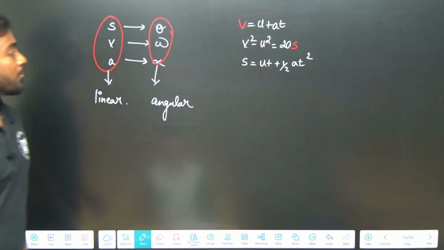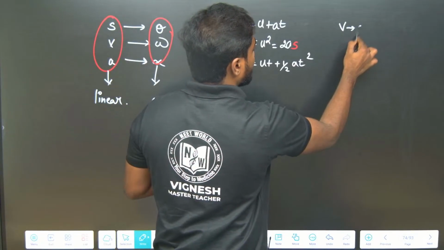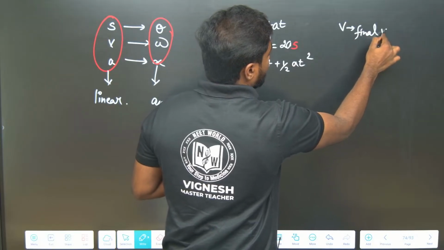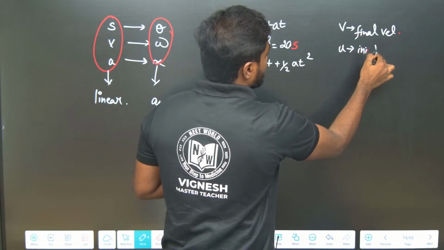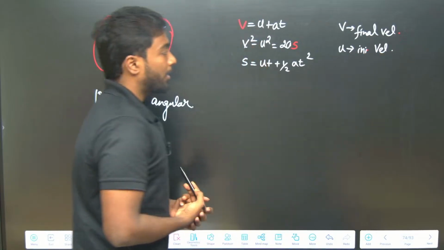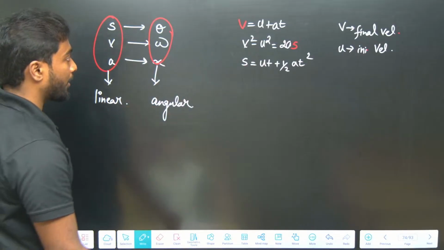Here v is the final velocity, u is the initial velocity, s is displacement, and a is acceleration. We will write that now.